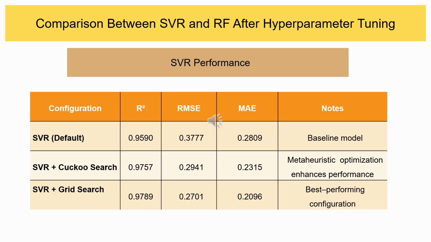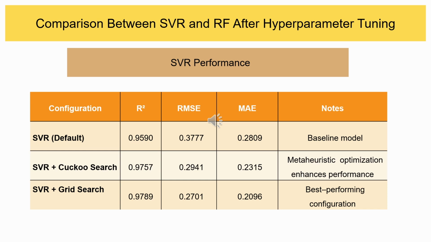For SVR performance, default SVR R square is 0.9590. RMSE is 0.377, 0.2809 for MAE.